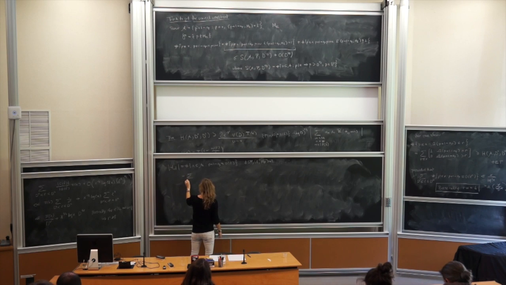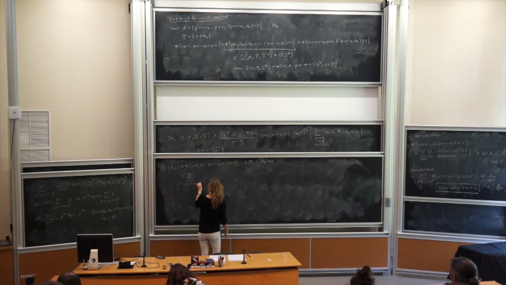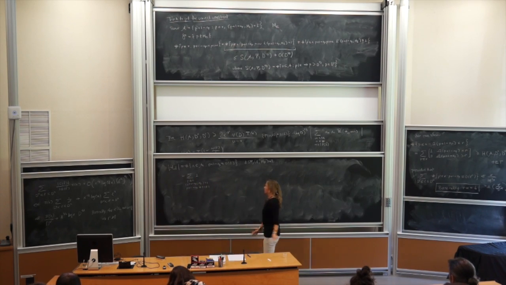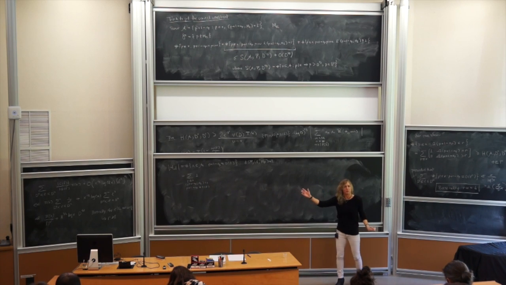This is the summation over p smaller than x, with p plus 1 minus a_p co-prime to M. I'm doing it very stupidly. I did nothing, I just wrote the definition.